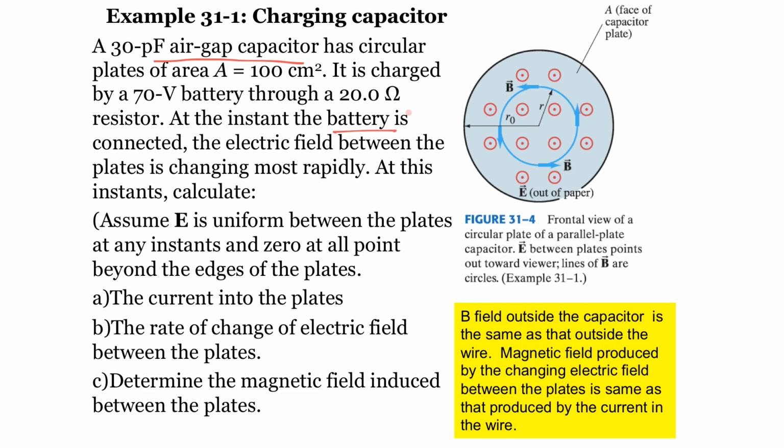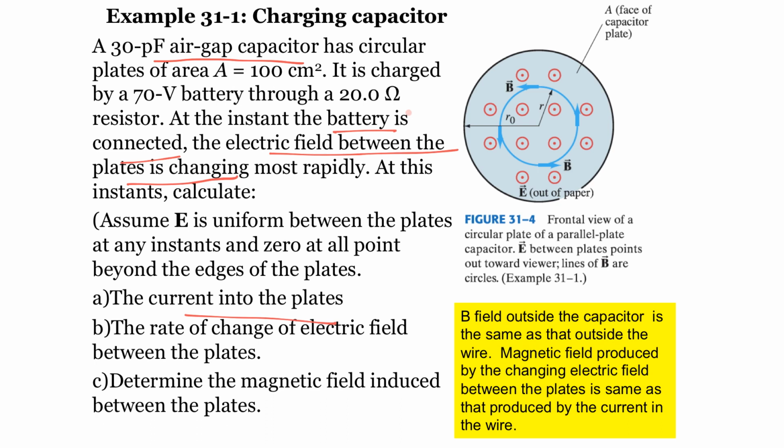At the instant the battery is connected, the electric field between the plates is changing. Once we get this information that the electric field is changing, it means that it's going to produce a magnetic field. At this instant, calculate the current into the plate.